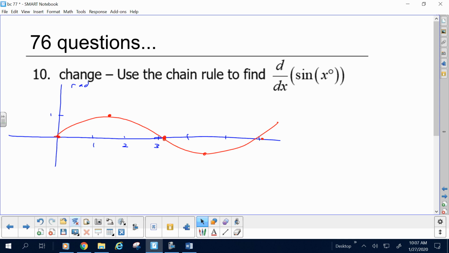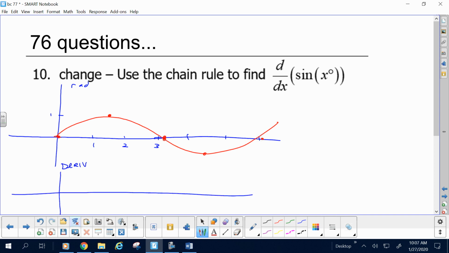Now imagine then, if I took you back to set 27, when we said, all right, I want you to rough in or estimate the slopes. At 0, the slope looks like it's about 1. So at 0, the slope is 1. At pi over 2, the slope is 0.